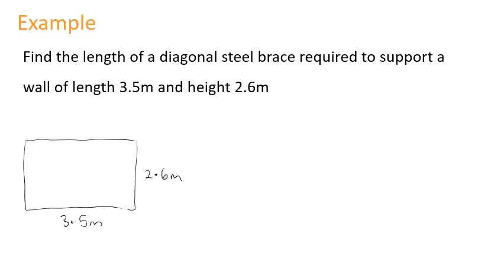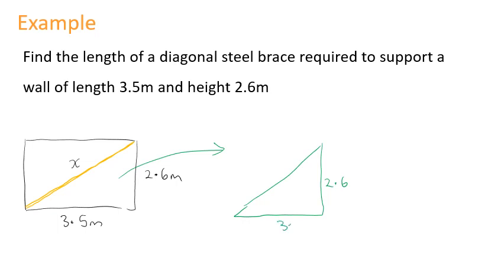And we're trying to find the diagonal steel brace. So that's our x. So my triangle, this part here, I'm just going to redraw. So we've got 2.6, 3.5 and x. Label it. So x is the hypotenuse, A and B.